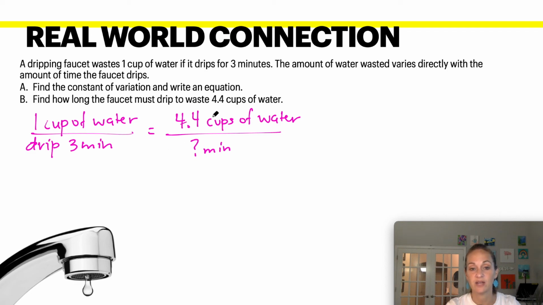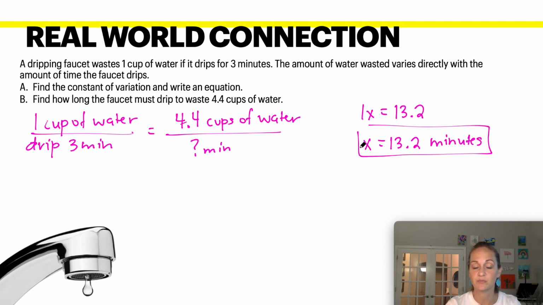So we've now created a proportion. 1 cup of water times x, so 1x, is going to equal 3 times 4.4, which is 13.2. So therefore, x is going to equal 13.2 minutes. Now, you need to put the units of measurement in, because it is a real world connection.